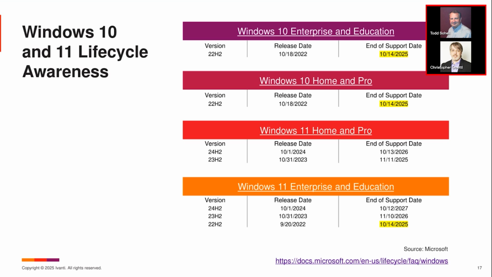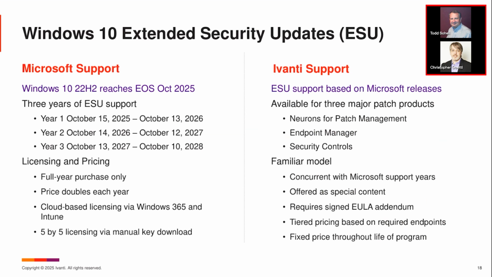For those of you who are dealing with Windows 10 upgrades yet, we're getting close. October is rapidly approaching, so that end of support date for Windows 10 is looming a couple months away. If you are planning to continue on past that and you're looking to get extended support in place, you definitely want to reach out to Microsoft and get that set up.